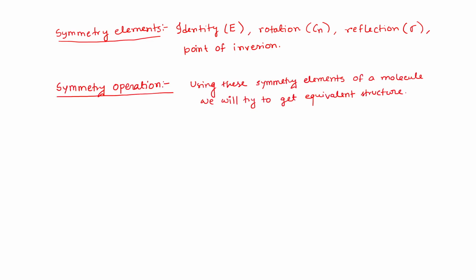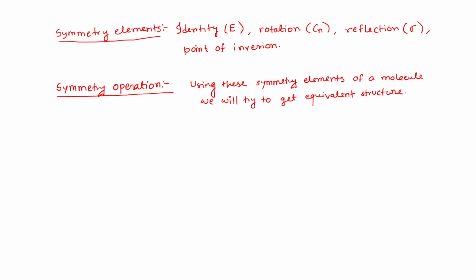Now symmetry operations: based on these elements we are going to perform some operations, and that is going to give me an equivalent structure. Suppose H2 is there, and if I perform the identity operation E, then it is doing nothing, it's just like that. If I perform a C2 on an H2 molecule, then it is just rotating, but at the end of any symmetry operation, we are going to get an equivalent structure. Think of H2O as H1, oxygen, H2.